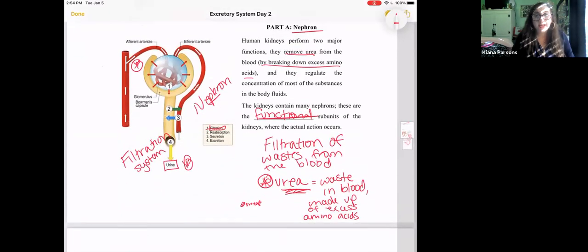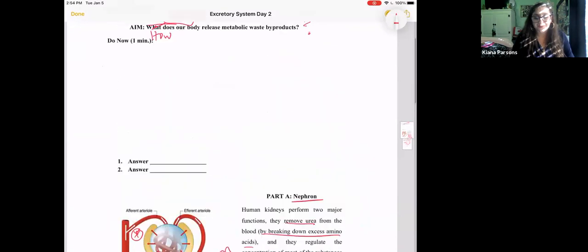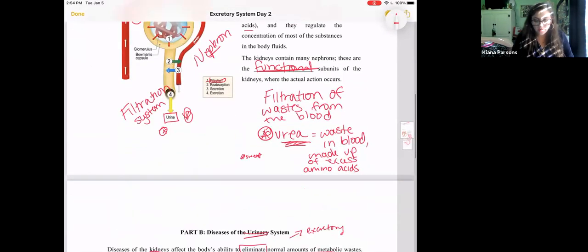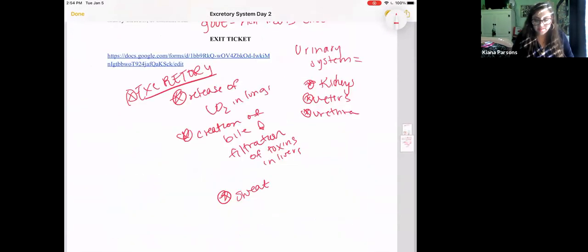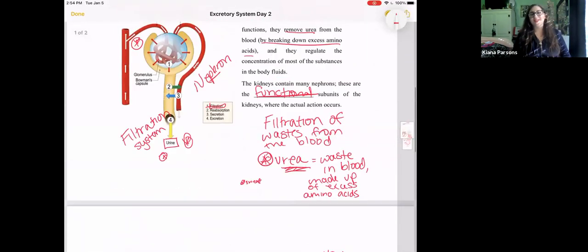By filtering the blood at the kidneys and urinating the waste out. But also by releasing carbon dioxide in the lungs, and by filtering out toxins in the liver, and by releasing salt and a little bit of urea and water in our sweat. And that's it for the excretory system.